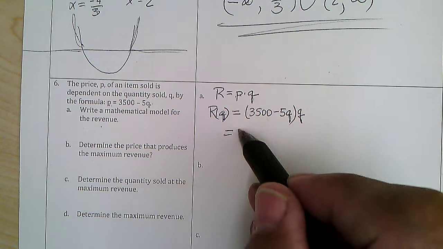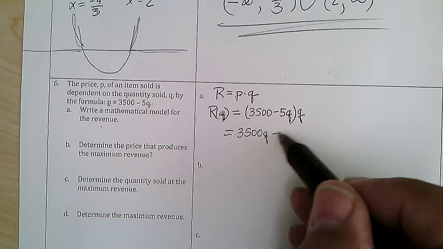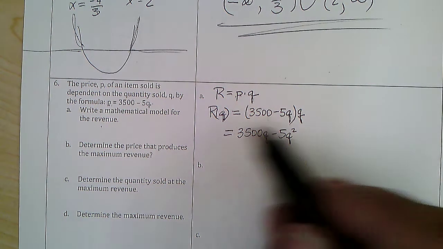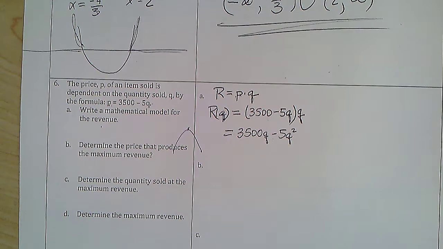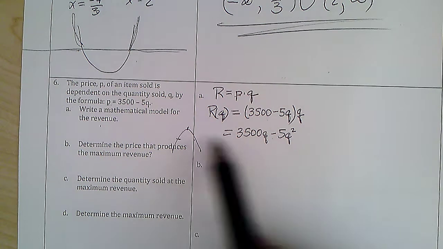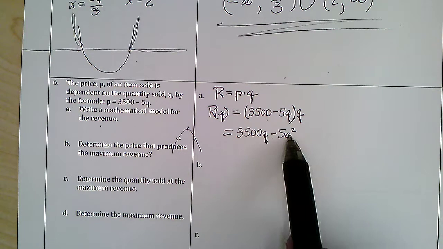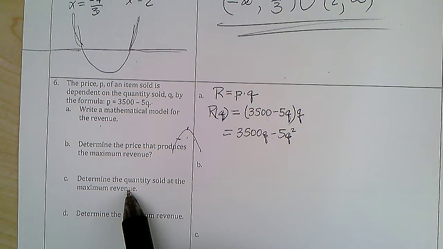which is 3,500 Q minus 5Q squared. Upside down parabola, so it'll have a max. If we find the X value of the max, we're finding the Q, since the Q is in place of the X, the Q, the quantity for the maximum revenue.